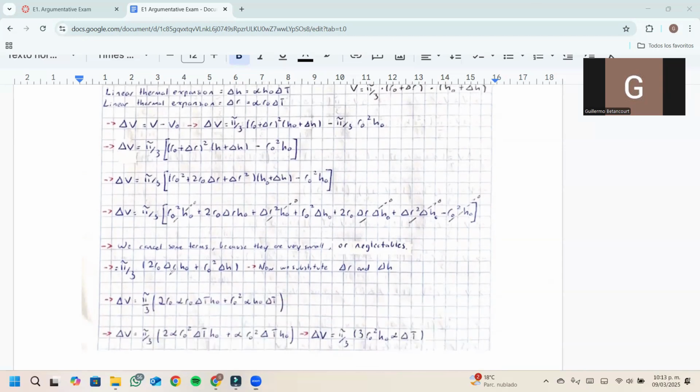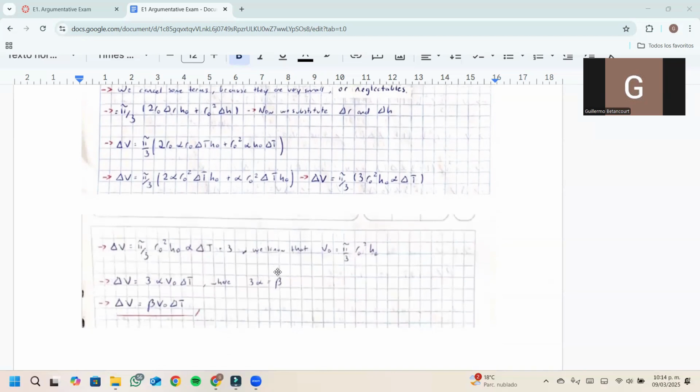What remains is this, and we can substitute delta of R and delta of H with these values here. Then we can also group some terms. We know that these are two similar terms, so we can add them together.